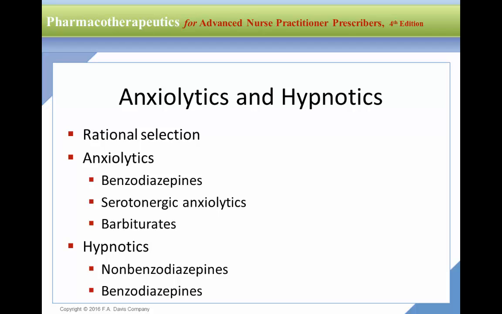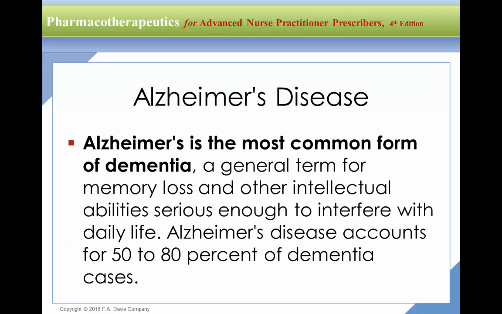They need to pay attention. So that would be decreased by benzodiazepines. So when this is the case, always use serotonergic anxiolytics, which are your SSRIs. You could use barbiturates. For hypnotics, if it's for insomnia purposes, it's best to use non-benzodiazepines or benzodiazepines.